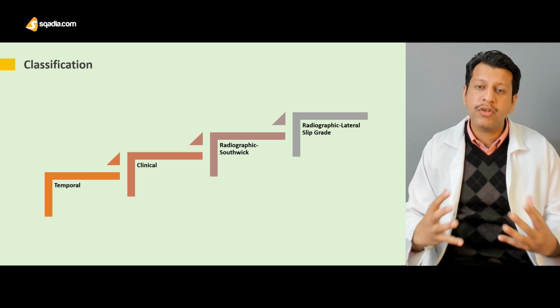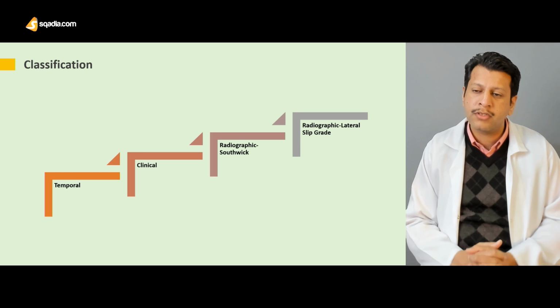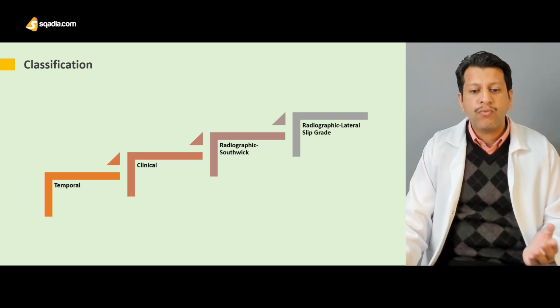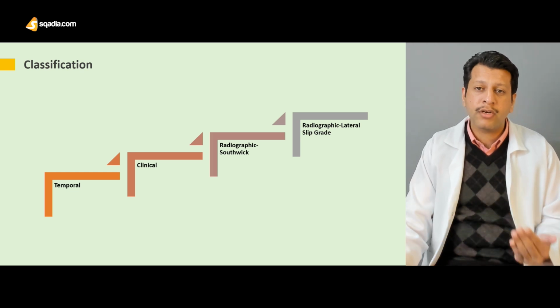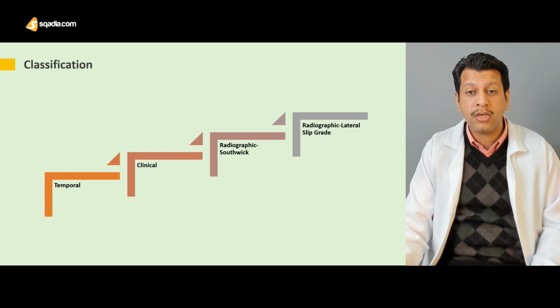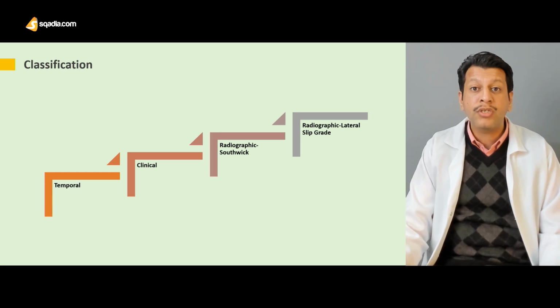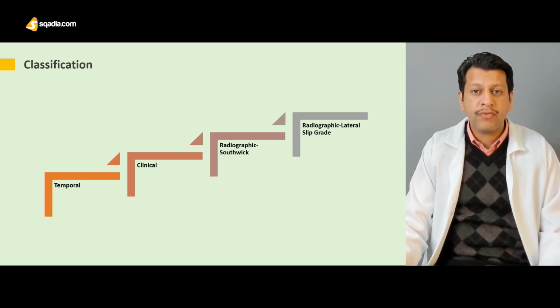So there are different ways of classifying SCFE or slipped capital femoral epiphysis. I've almost explained all of them: you have to calculate the Southwick angle, calculate the grade, assess the patient clinically, and do the temporal classification to see how long symptoms have been present, in days, weeks, or even months.